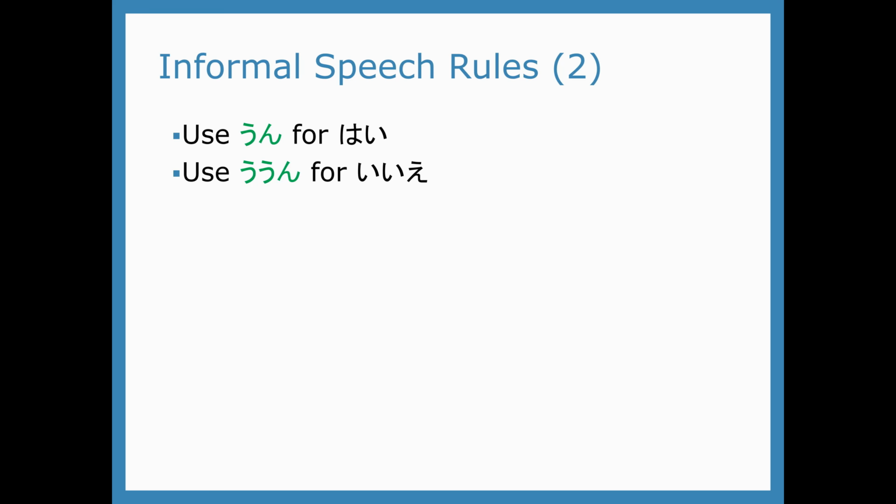So instead of hai or iie, in Japanese we use the casual forms. It might be a little bit hard for you just looking at the hiragana to distinguish between the one for yes and the one for no. So the one for yes is just kind of a grunt.